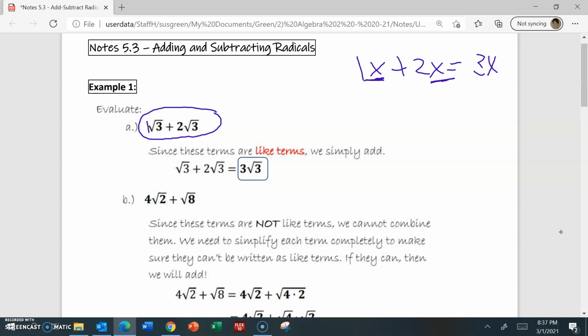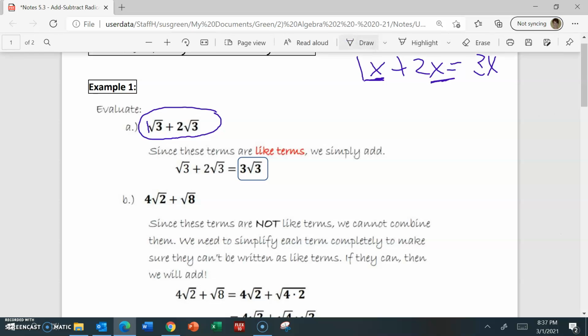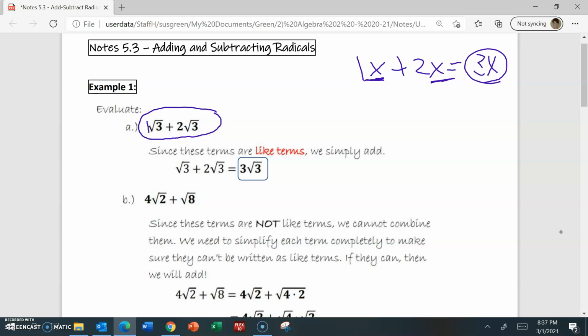What happens is you are allowed to add radicals as long as they are like. So as long as the radicals are the same root, these are both square roots in example A, and they both have to have the same number, variable, and or expression underneath the radical. So 1 radical 3 plus 2 radical 3 is 3 radical 3, and you're done.